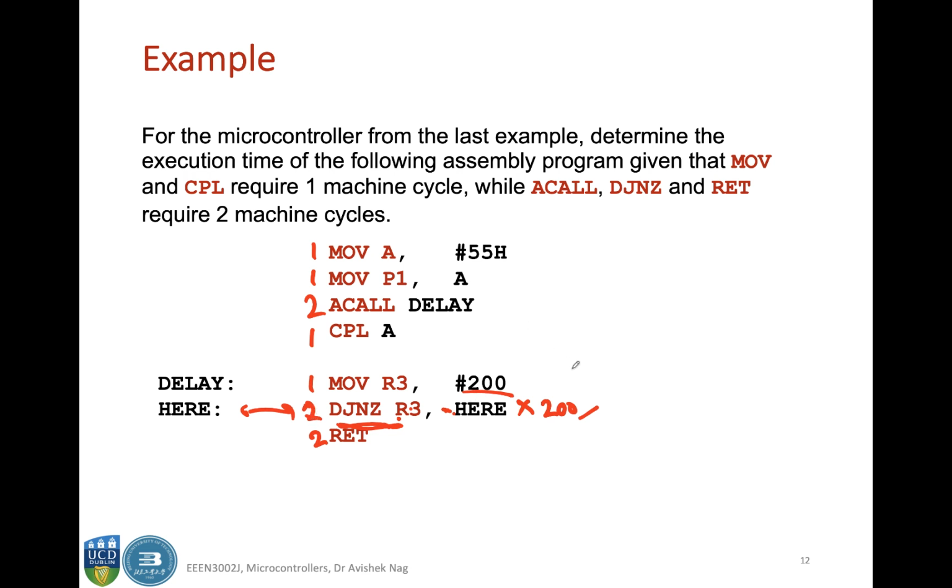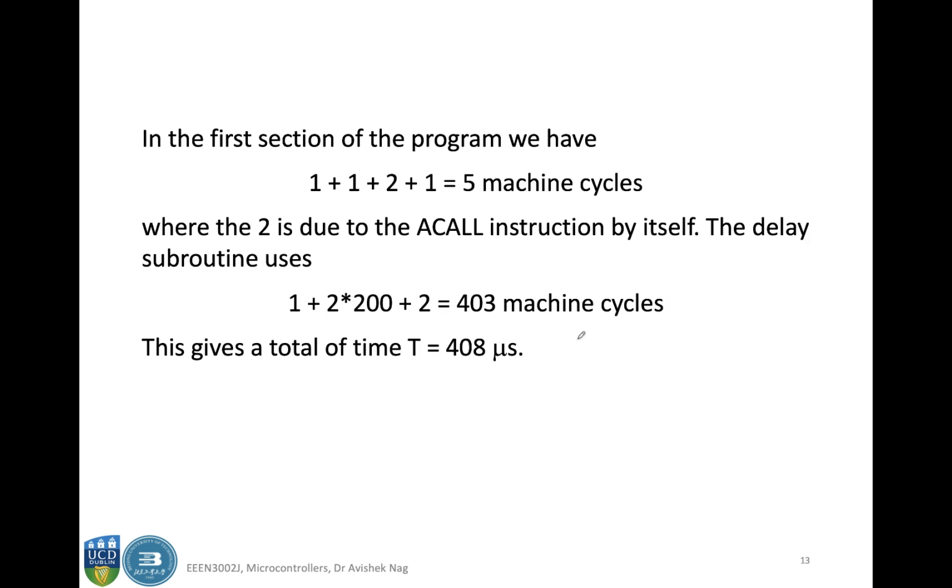So now if you add everything, you will get a total of 408 machine cycles, and 1 machine cycle is 1 microsecond, so therefore the total delay is 408 microseconds. So the first section of the program takes 5 machine cycles.